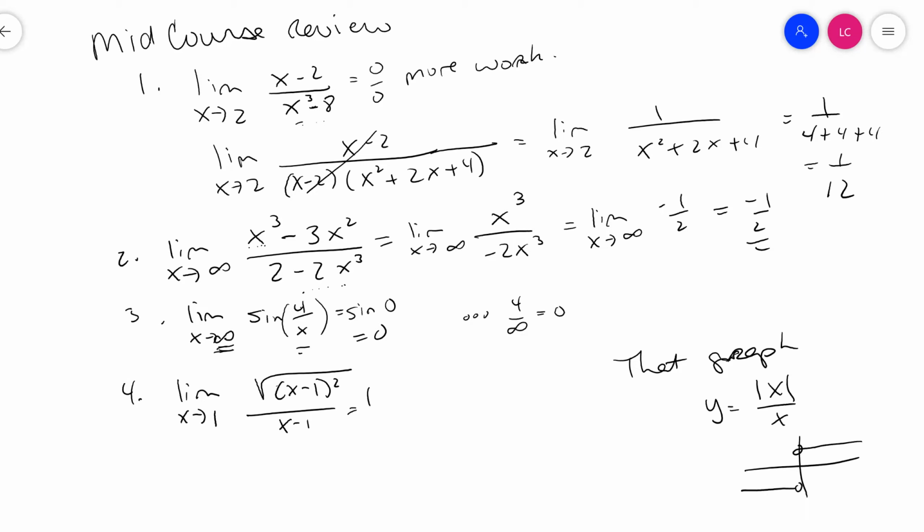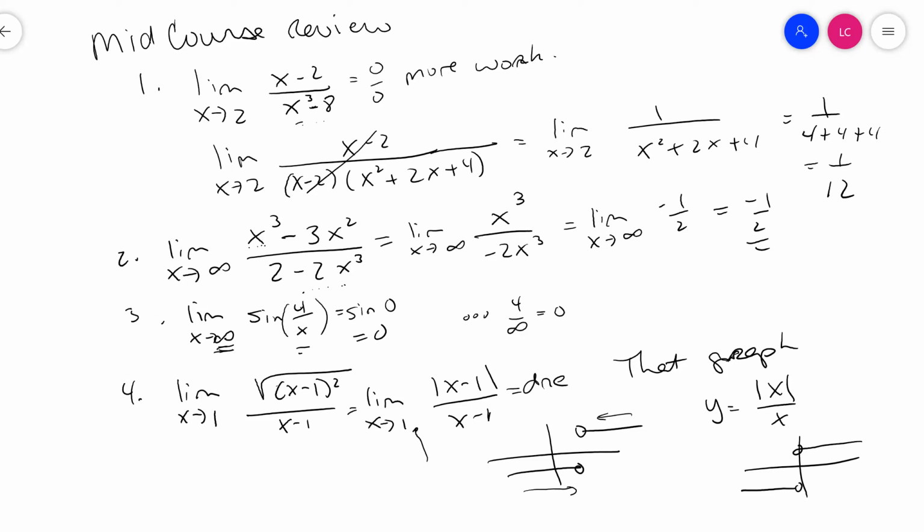So this is the same thing as saying absolute value of (x - 1) over (x - 1). So this would be the graph of this. So this does not say from plus or minus, it just says limit as x goes towards 1, so I can say with confidence I know that that does not exist, because coming from the left gives me a different limit than coming from the right.